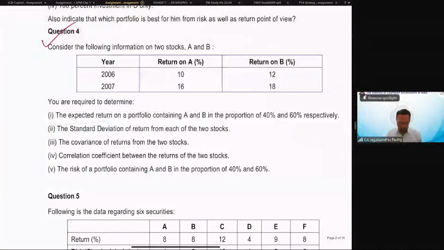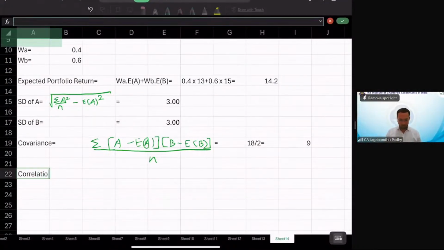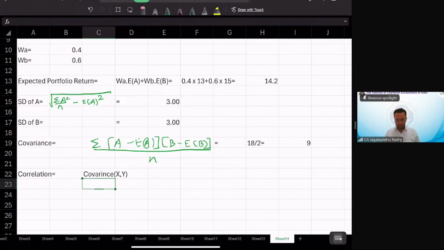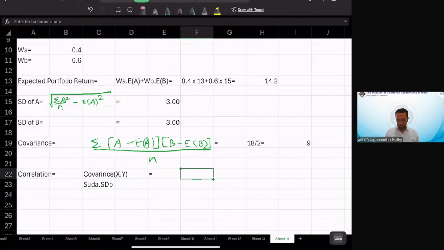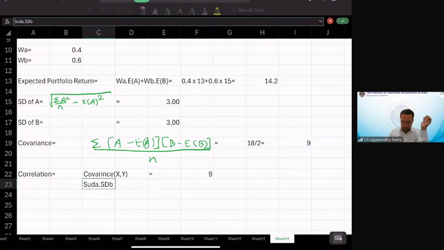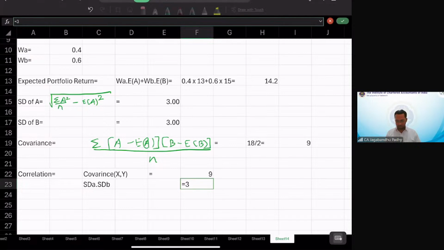And then finally we have the correlation between the two stocks. Now we know correlation is simply covariance between X and Y divided by standard deviation of A multiplied by standard deviation of B. So this is covariance upon standard deviation of A. Standard deviation of A was 3.